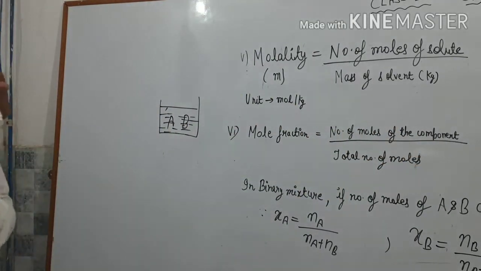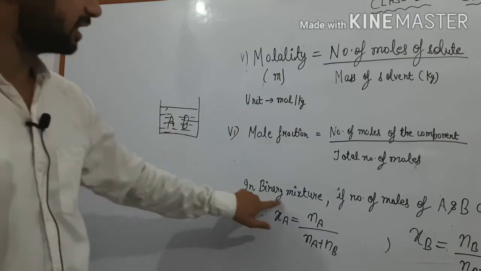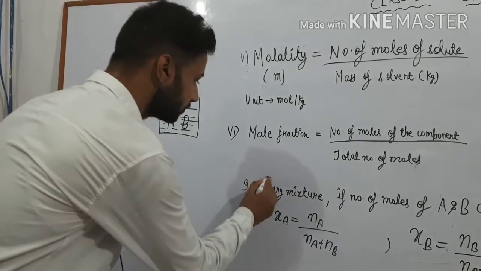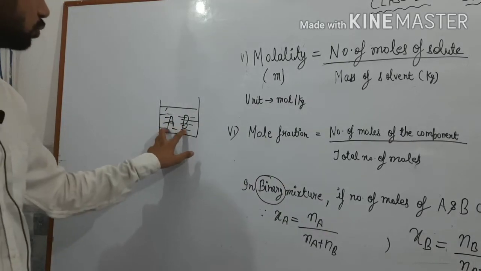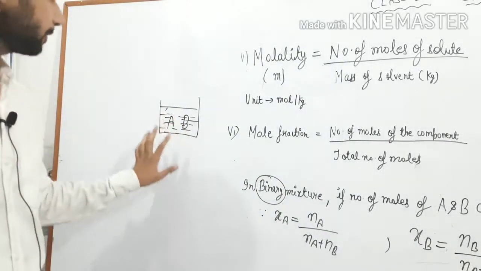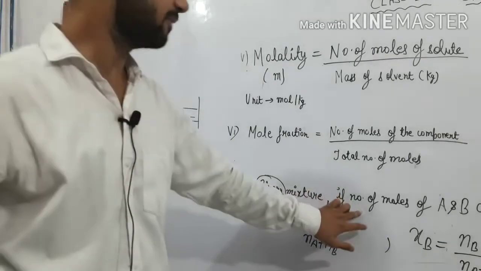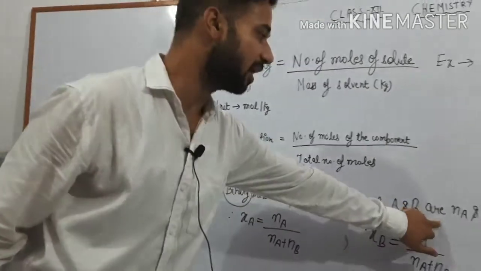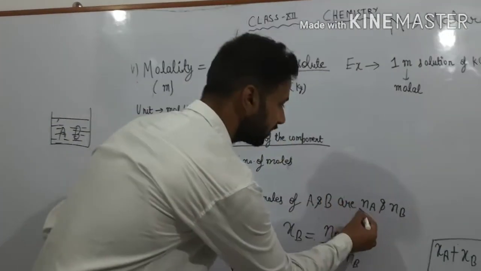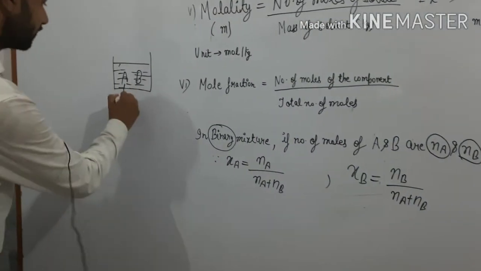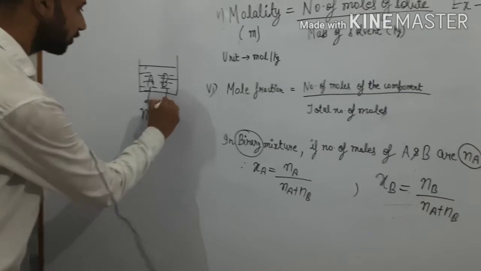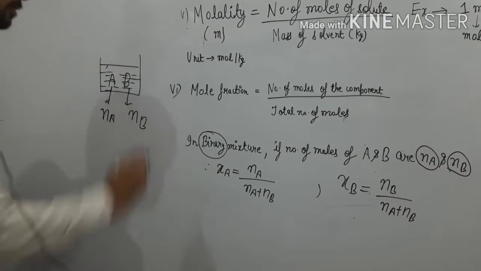Binary means 2, so a binary mixture means that two components are dissolved. In a binary mixture, the number of moles of A is Na and the number of moles of B is Nb. So what is the formula?